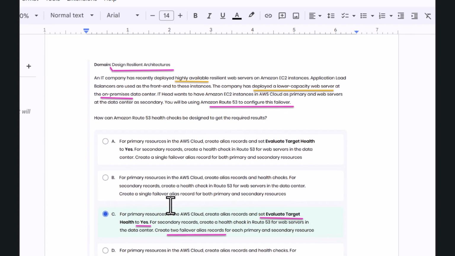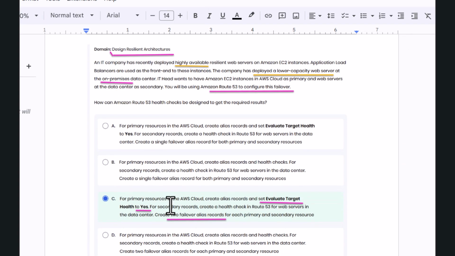The fourth question, design resilient architecture. You have to remember it's deployed in highly available. It's deployed a lower capacity web services on the on-premise. And primary database, what they want is AWS cloud, and the secondary as data center. You will be using Amazon Route 53 to configure this failover.